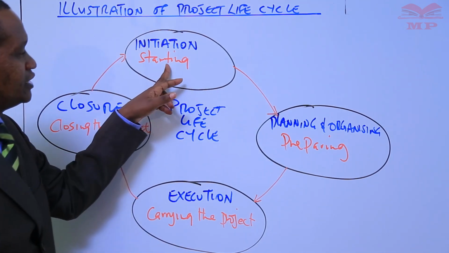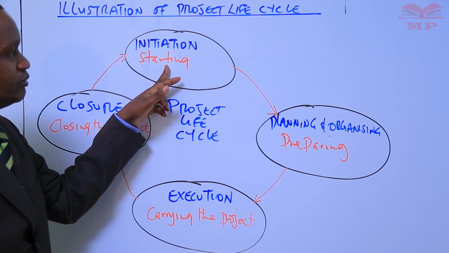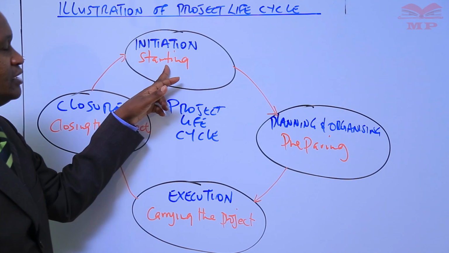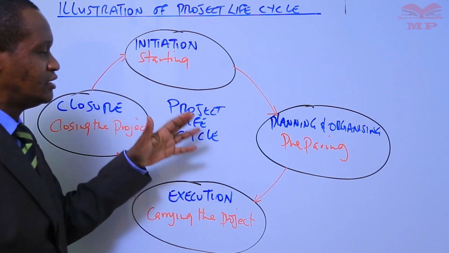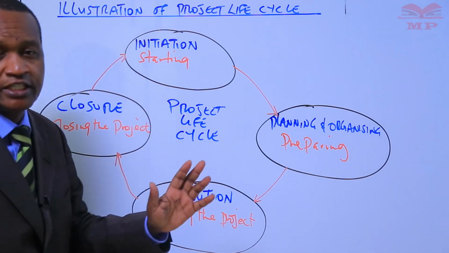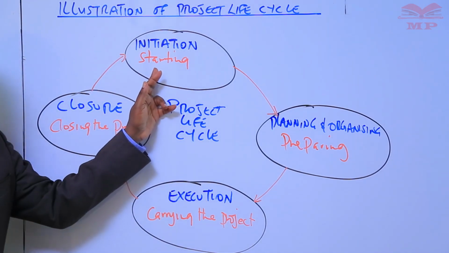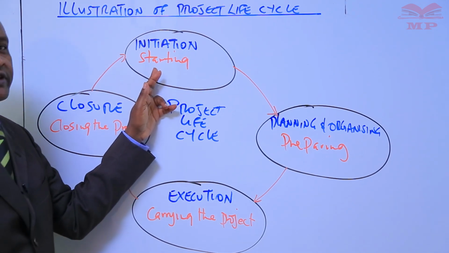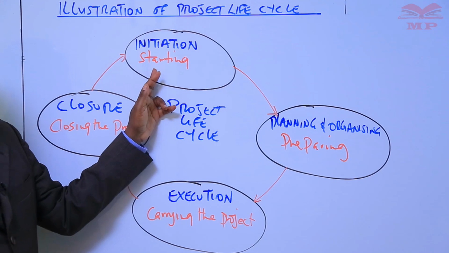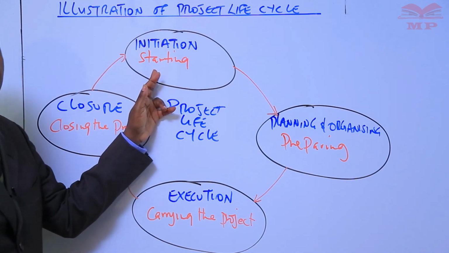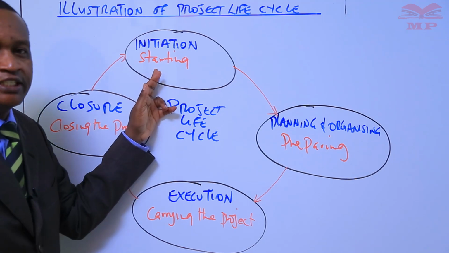And there are many activities that take place here at the initiation before the project is officially kicked off. At initiation, as I've said, this is the first stage in the project management life cycle, which is the initiation phase, project initiation.